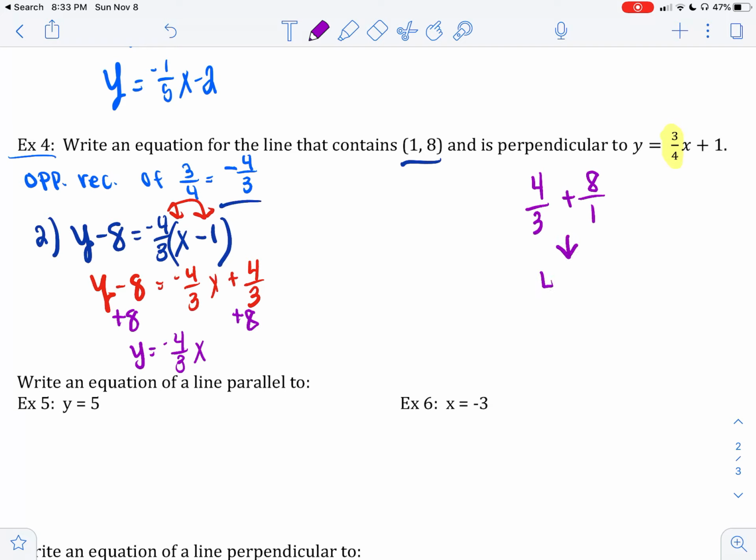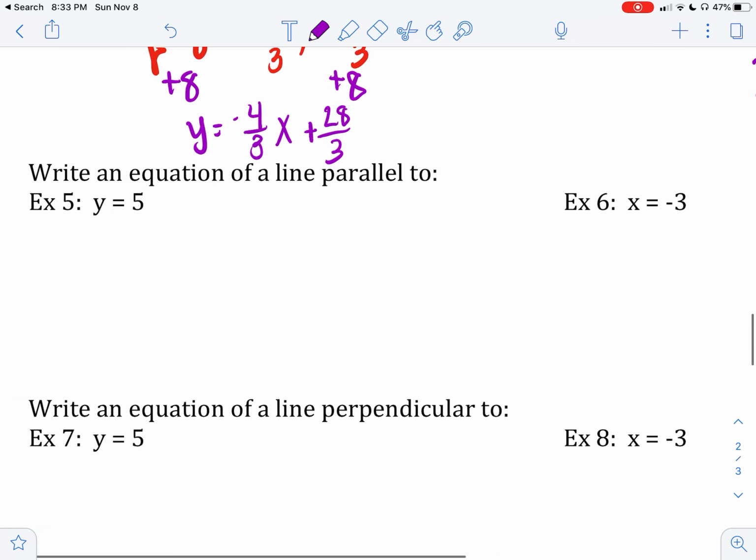So I keep 4/3, and multiply the numerator and the denominator of 8/1 by 3 to get 24/3. Now that I have a common denominator, I can add the numerators to get 28, so I have plus 28/3.